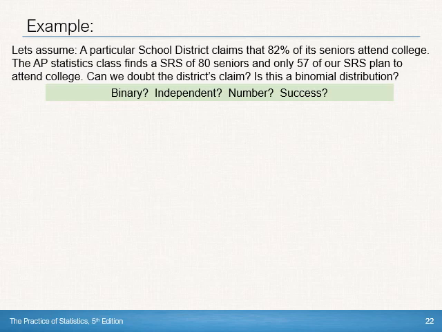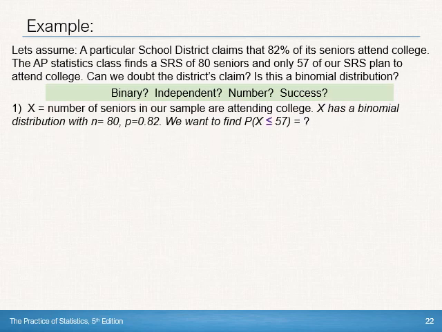So that was the fixed number. And then probability of success. We're assuming that the district is not lying to us, and so we're going to use 82% as the probability of success. Every time we ask a random senior, the probability that they're going to college is 82%. So that's what we're going to use until we have reasons to believe otherwise.